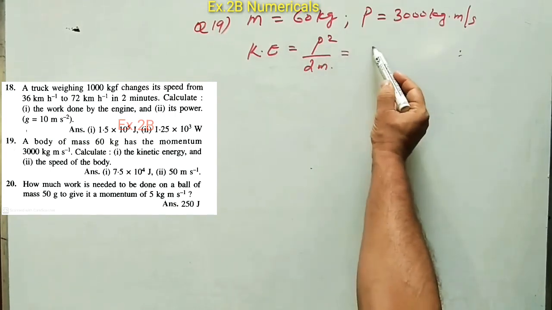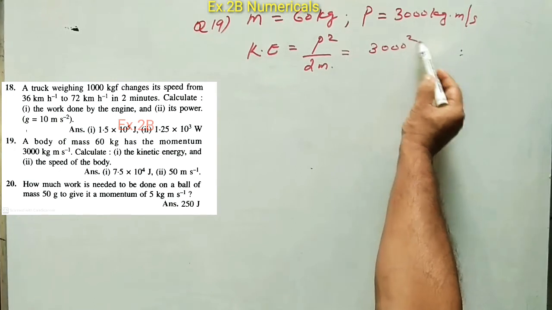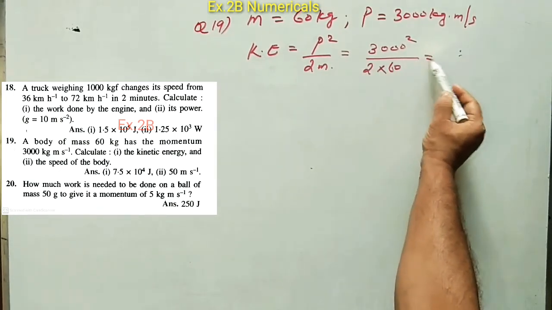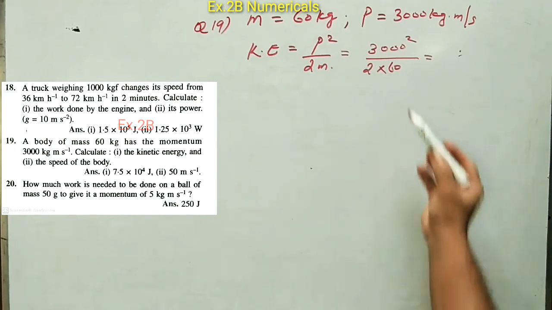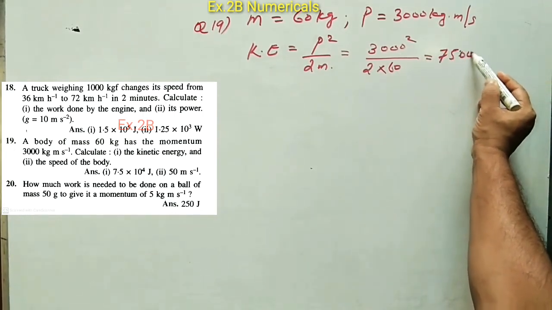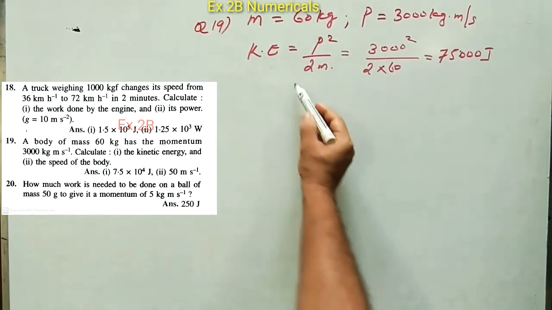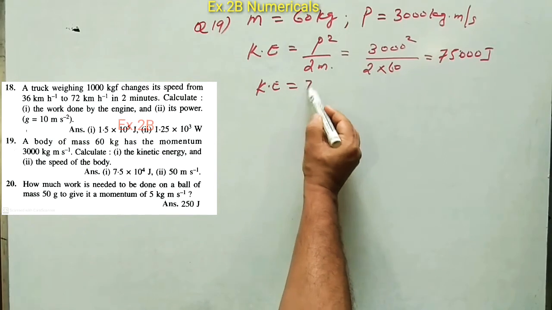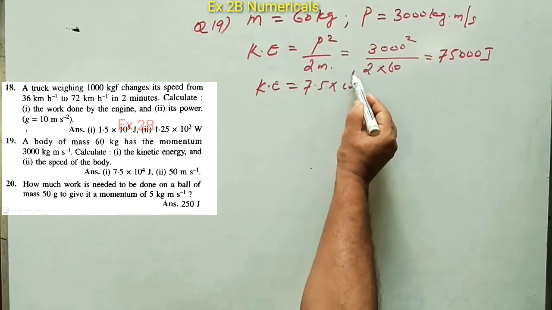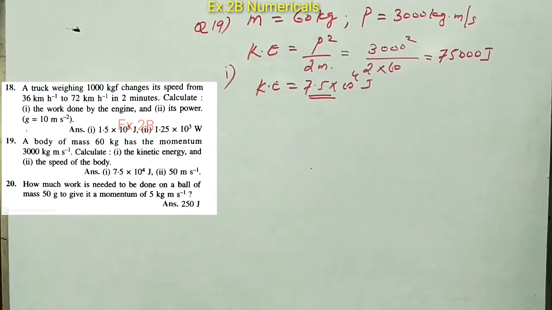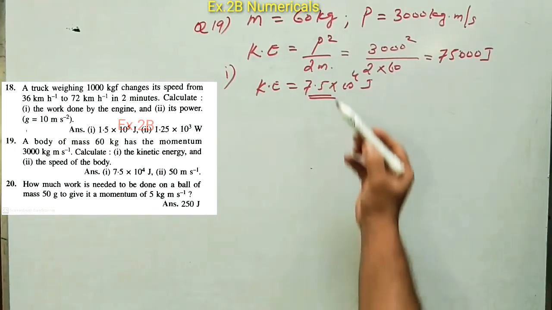The value of momentum 3000 square divided by 2 into mass of the body 60. So solve it. After solving, the answer comes out to be 75,000 joule. Or I can write it as kinetic energy KE is equal to 7.5 into 10 to the power 4 joule. Clear? So this is the first part. So we have calculated the kinetic energy when the momentum is given.